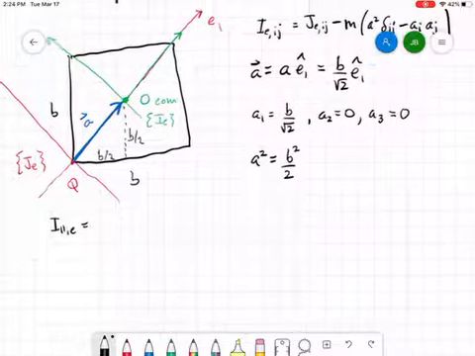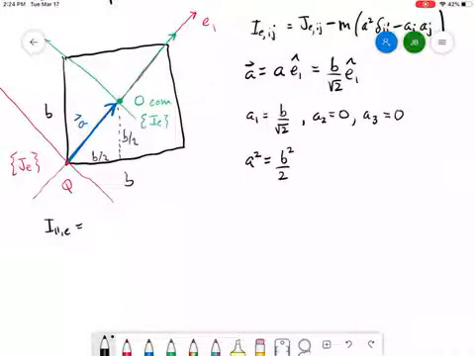Okay, so it was MB squared over 12. And then we have minus M, and we have delta ij. For the 1, 1 component, that's delta 1, 1, which is 1. So we have an a squared, which we said was b squared over 2. And then we have a minus a1 times a1.